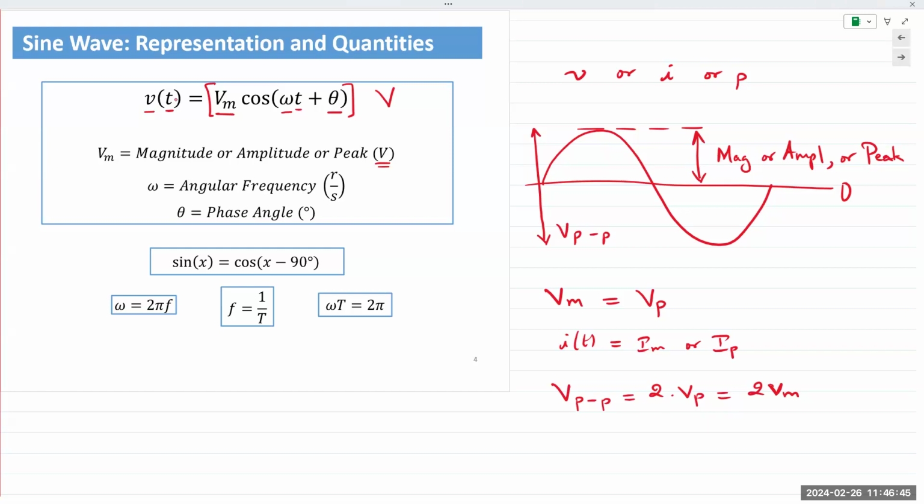All right, so radians per second and in degrees. When we do a phasor transform for the sine wave, the phase angle is described in degrees.